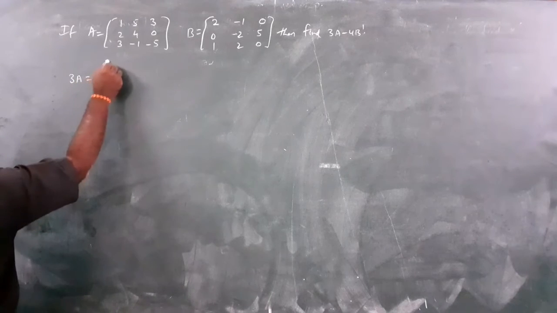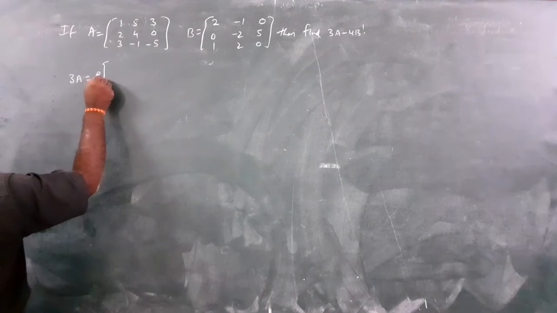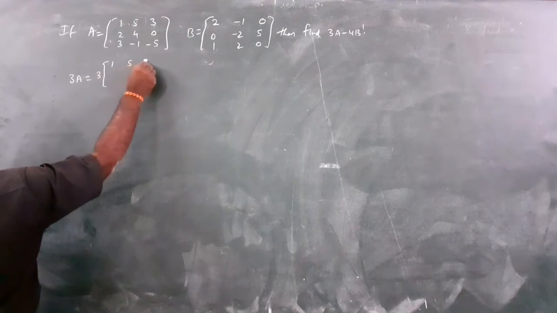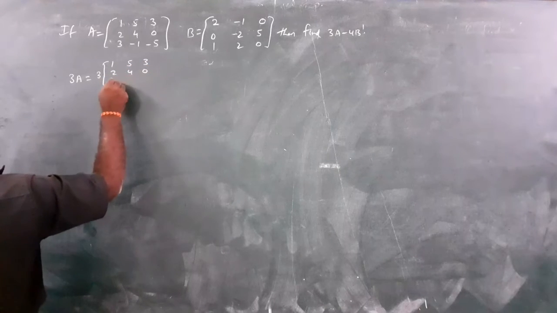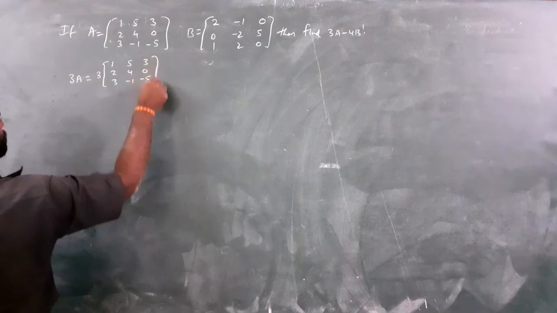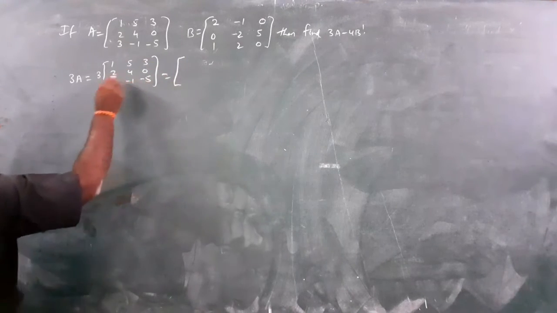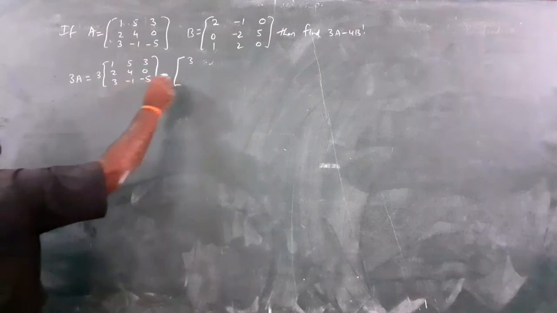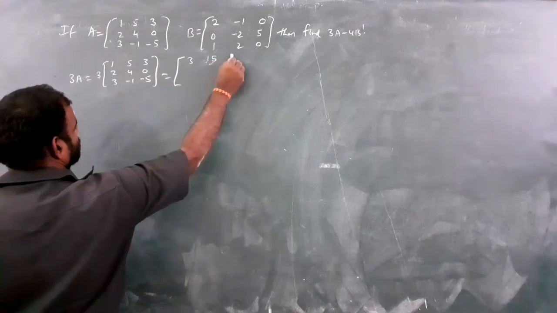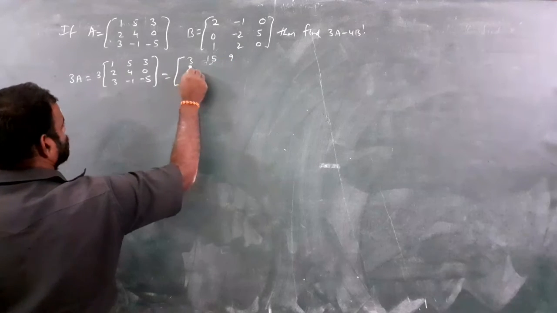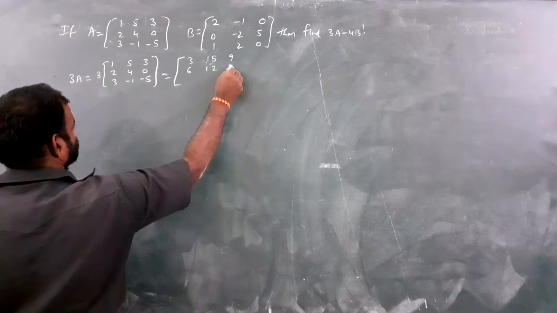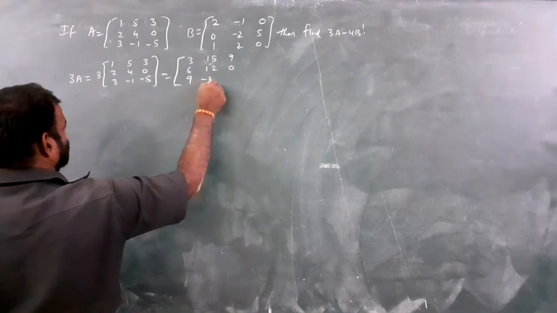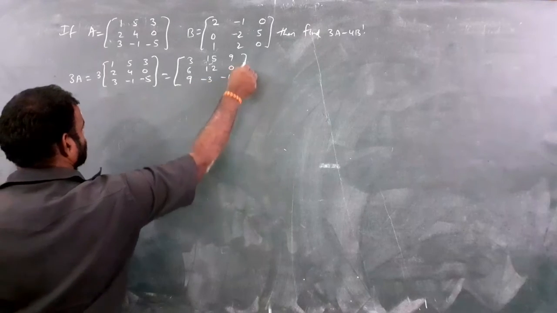So first here 3A. 3A is equal to 3 into A, which is 1 5 3, 2 4 0, 3 minus 1 minus 5. So 3A becomes the scalar multiple of A: 3 15 9, 6 12 0, 9 minus 3 minus 15.